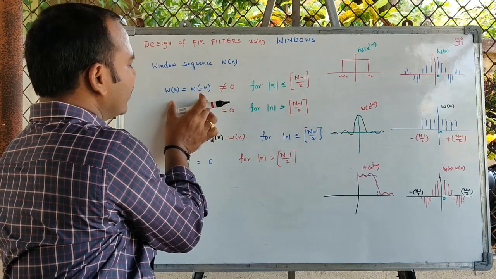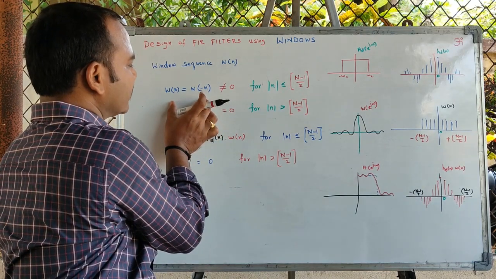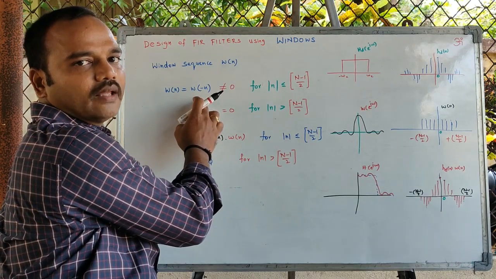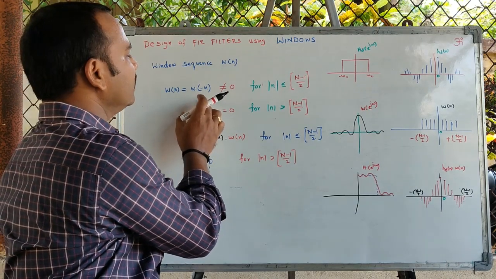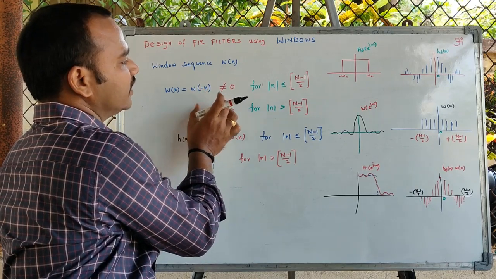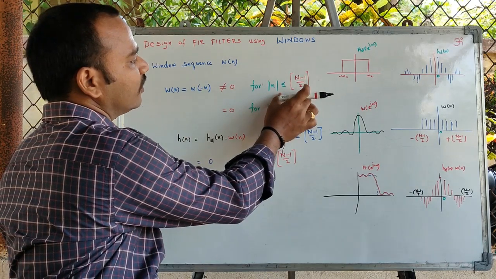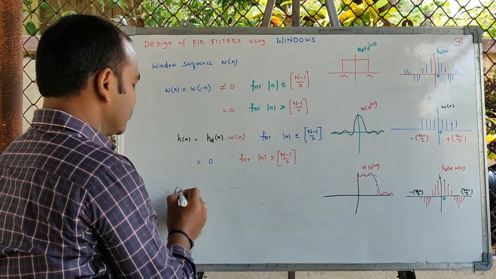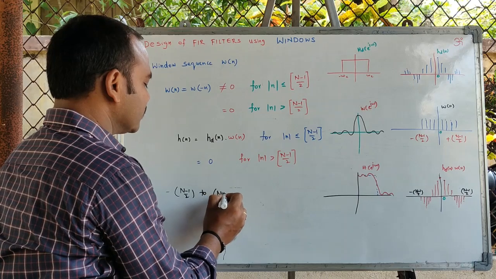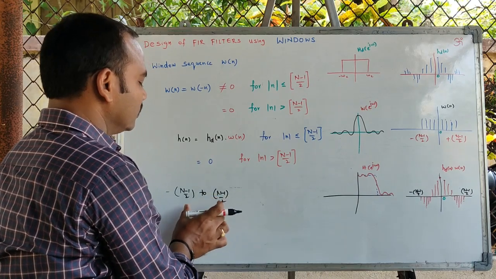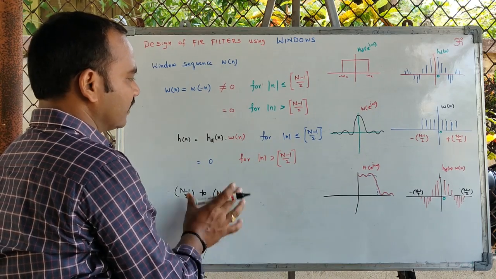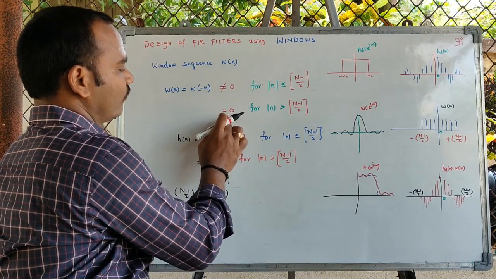W of n equal to W of minus n implies that the window sequence is symmetrical about the origin. It is of finite duration, that is, it exists only in the interval minus (N minus 1) by 2 to plus (N minus 1) by 2. Beyond this interval it is 0.